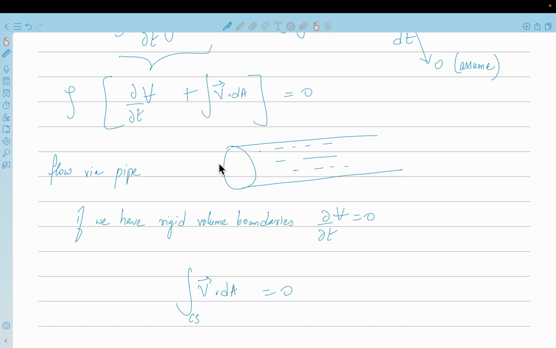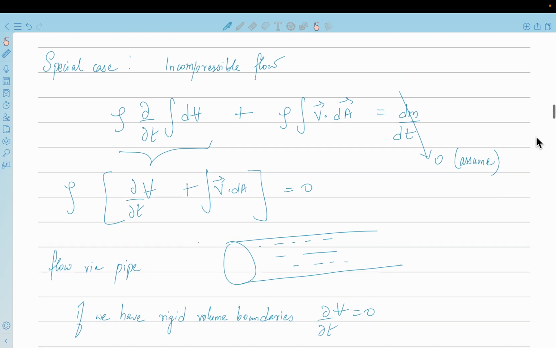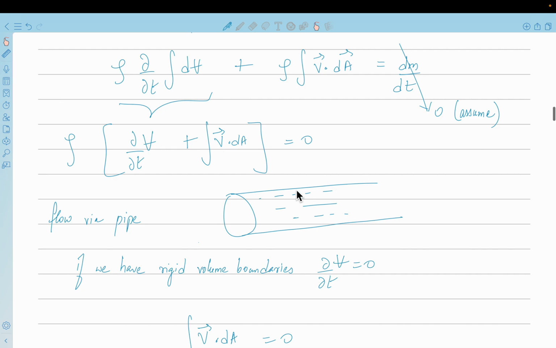So whatever flows into this control volume will exit this control volume, and that makes sense because this is an incompressible fluid. If it was a compressible fluid, then m dot in and m dot out will not be equal because some mass can be contained within and the density is changing. Is this clear?